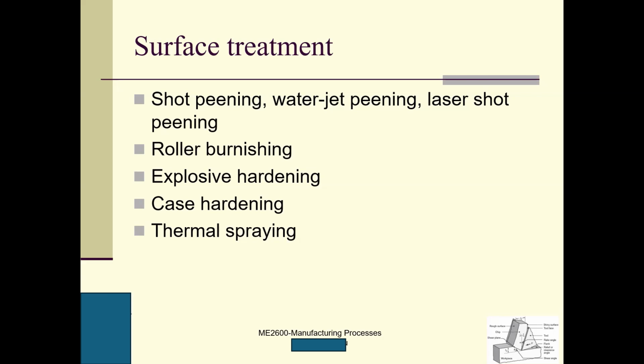One thing: we use carbon atoms because carbon is much cheaper. So we use carbon-rich liquid, solid, or gas, and put it together with the workpiece I want to harden. Then I elevate the temperature.